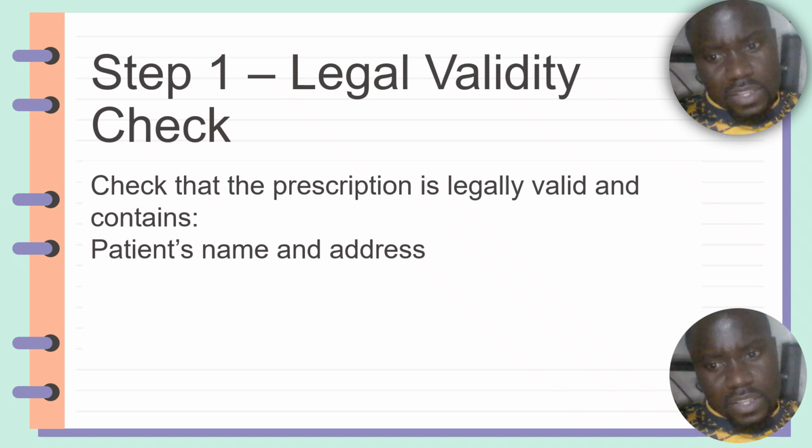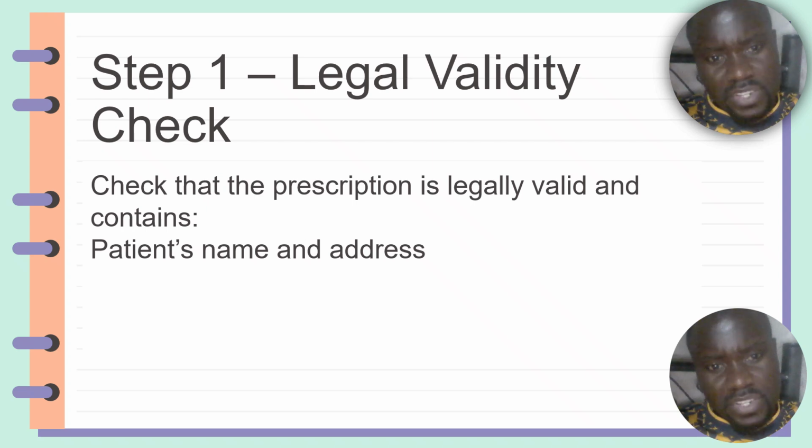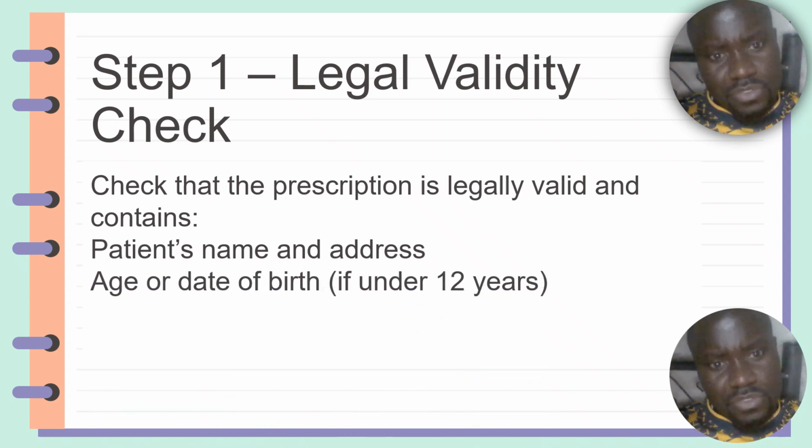Sometimes the prescribers will be very busy, especially because in our settings, prescribers will be dealing with huge queues, long queues, and huge numbers of people. So they may miss such important details. It is illegal to dispense a prescription that has no bearing of the patient's name, even their address.